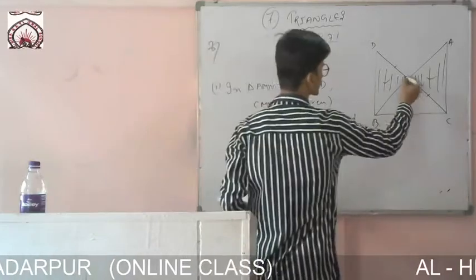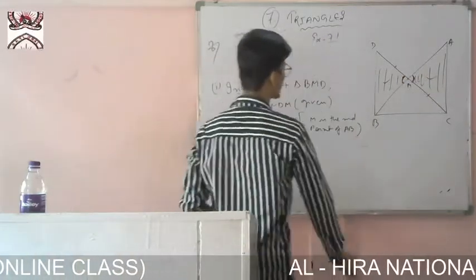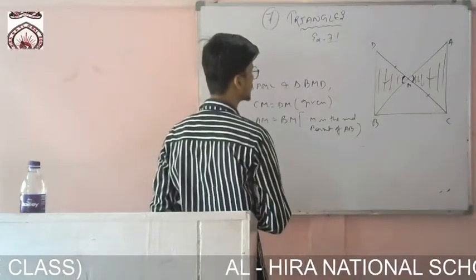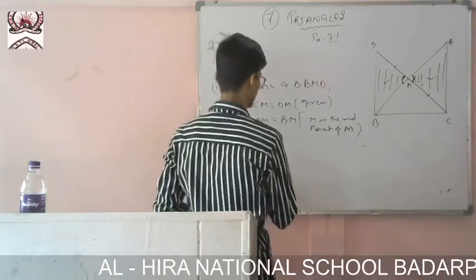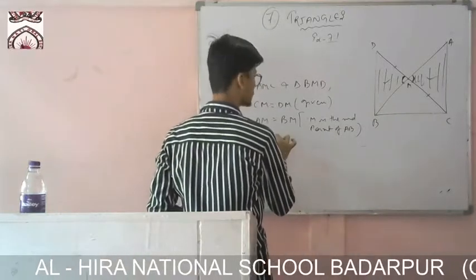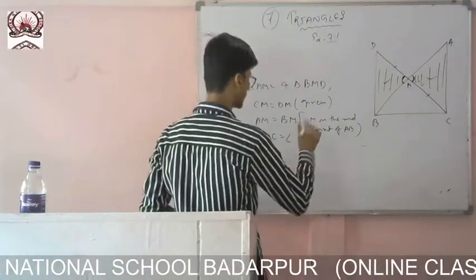these two angles are vertically opposite angles, and vertically opposite angles are equal, so I can write angle AMC is equal to angle BMD.